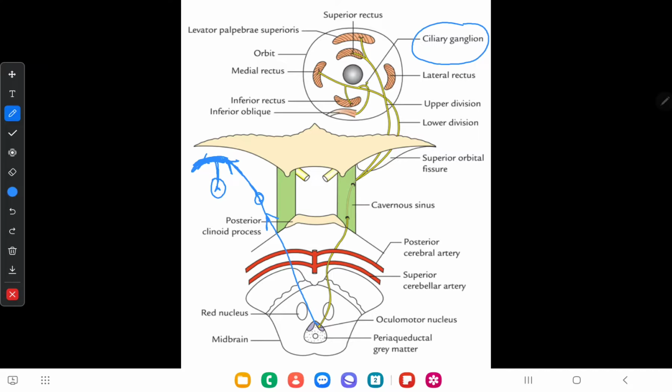Those preganglionic fibers make synaptic contacts with the neurons in the ciliary ganglion like this. Then the postganglionic fibers coming from this ciliary ganglion we call the short ciliary nerves.